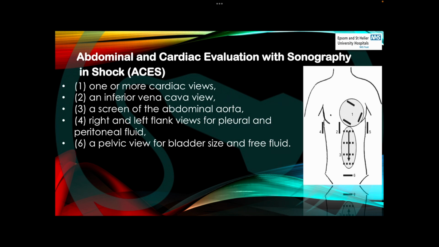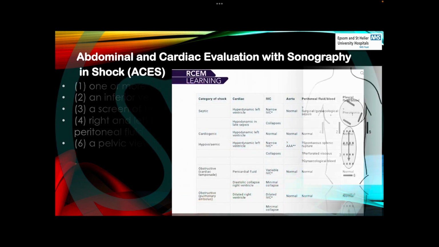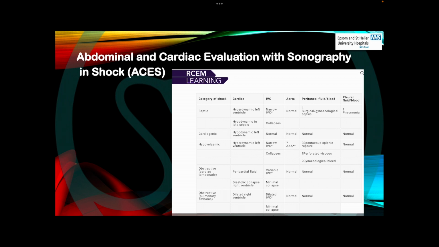A dilated non-collapsing inferior vena cava. This is what categories of shock are answered by this ACES. If there is septic shock, what we are going to find is a hyperdynamic left ventricle, narrow inferior vena cava, and a normal aorta, and there may be gynecological or surgical sepsis, or pneumonia.